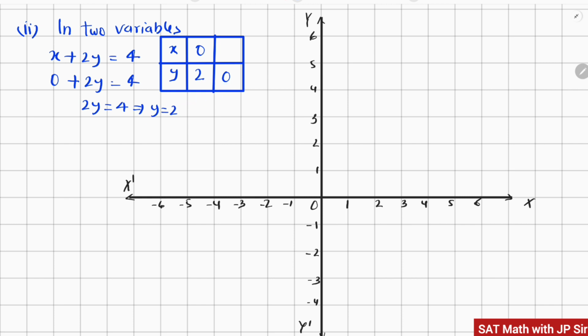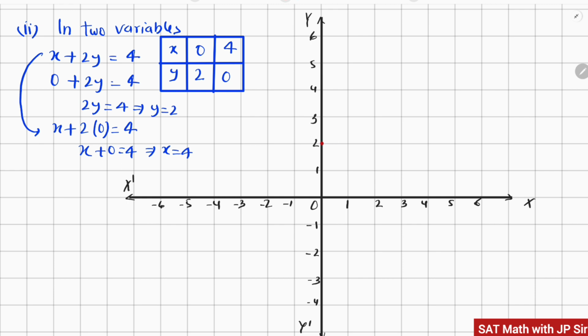And when y is 0, again we are putting it in this equation, then what is x? x plus 0 is 4. That gives us x equals to 4. So when x is 0, y is 2. When x is 4, y is 0. Now mark these points here. When x is 0, y is 2, means this point.